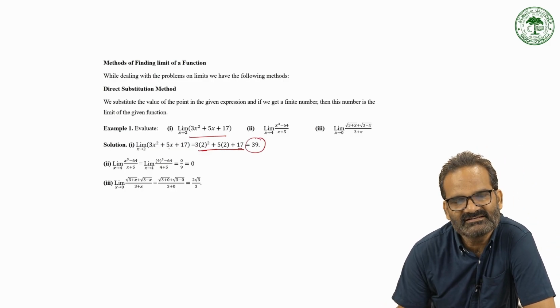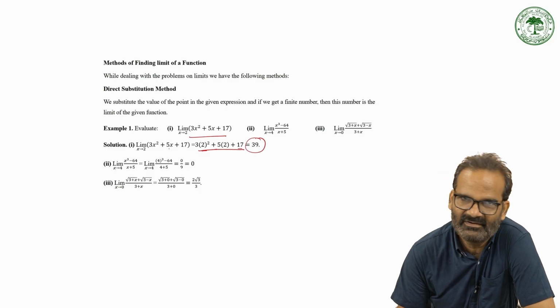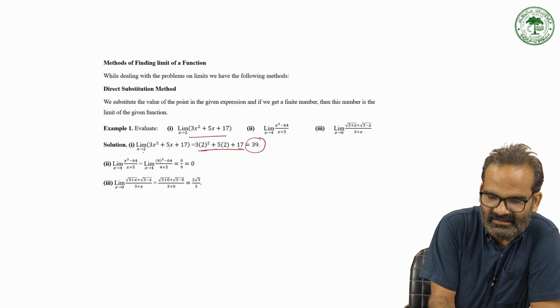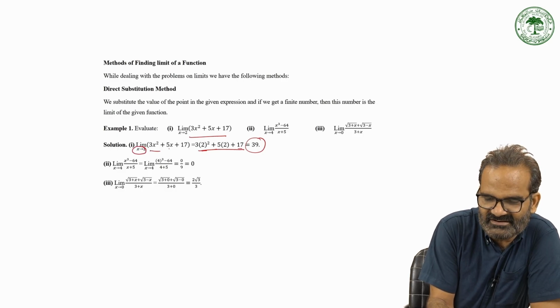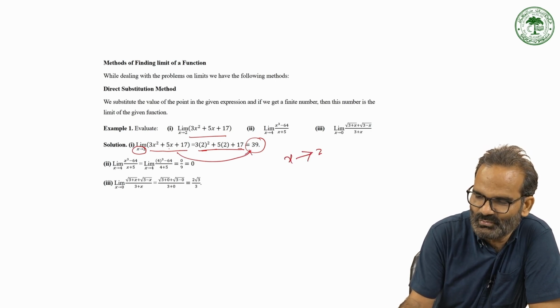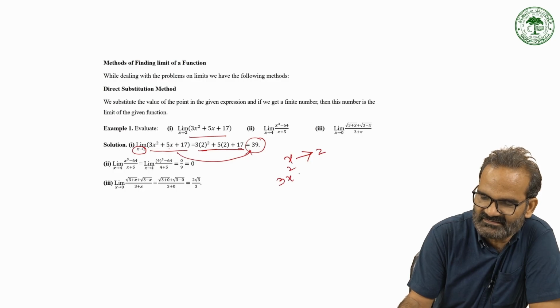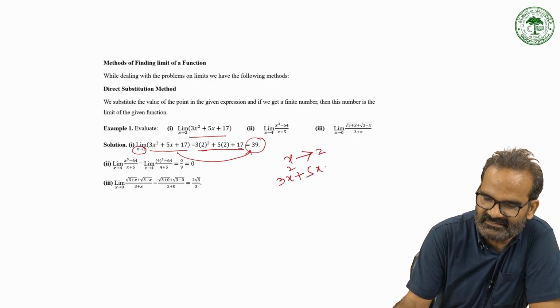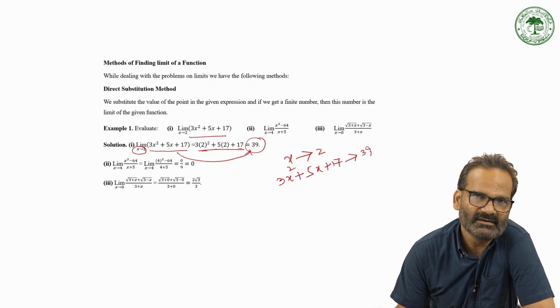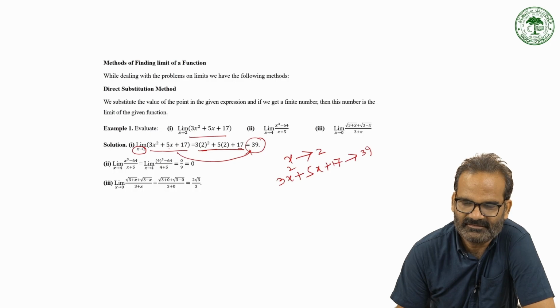So 39 is called the limit of the given function. What does it mean actually? It means when x moves towards 2, this function moves towards 39. That is why 39 is called the limit of the given function.